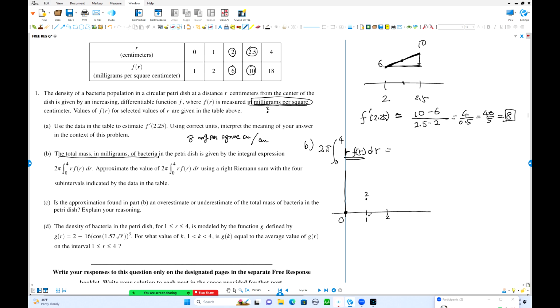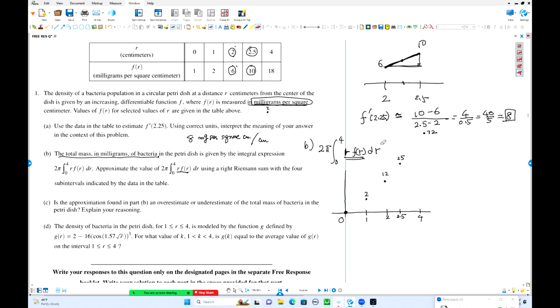When r is 2.5 and f(r) is 10, 2.5 times 10 is 25. When r is 4, r times f(r) is 4 times 18, which is 72, very high.